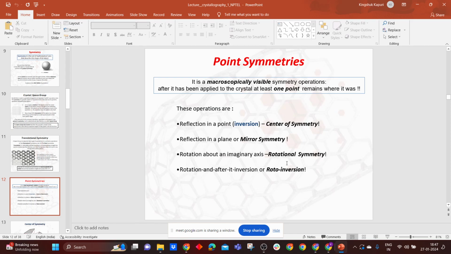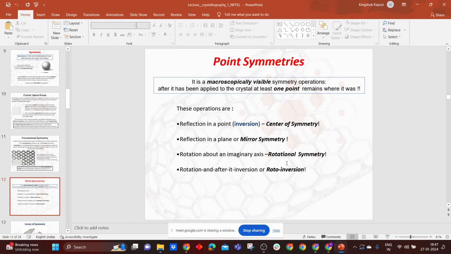A center of symmetry is nothing but, when you are considering, for example, let's suppose you are considering a sphere, and the sphere has a radius of, for example, 10 centimeters. Or you are drawing a circle or sphere having a radius from its very center.